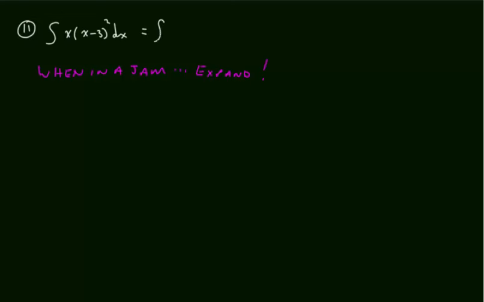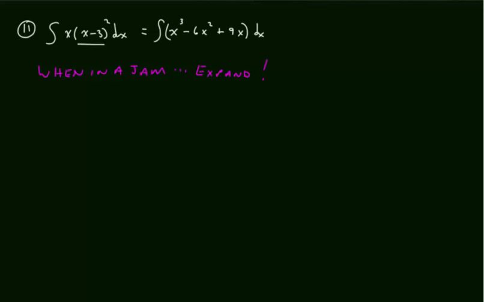I'm going to expand this. So first I'll FOIL this, if you will, x squared minus 6x plus 9, and then I'll take this x and distribute it in, and I'll get x to the power of 3 minus 6x squared plus 9x dx.